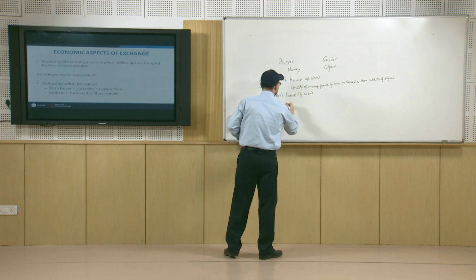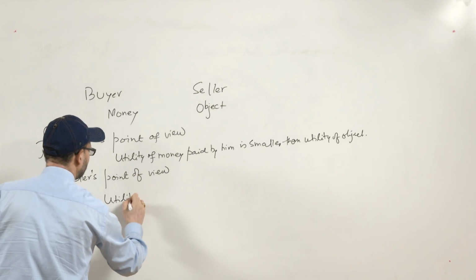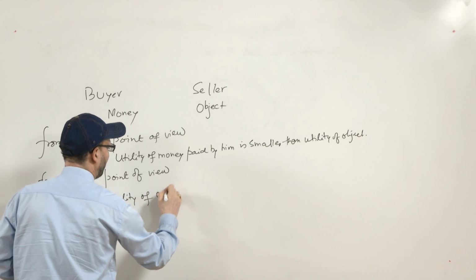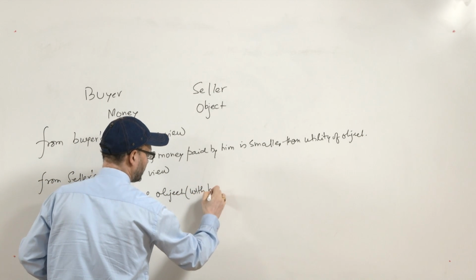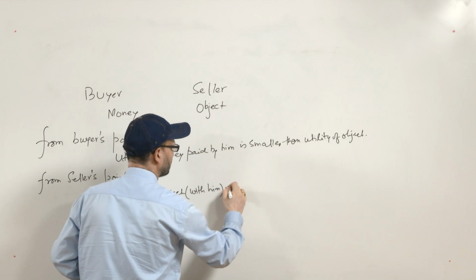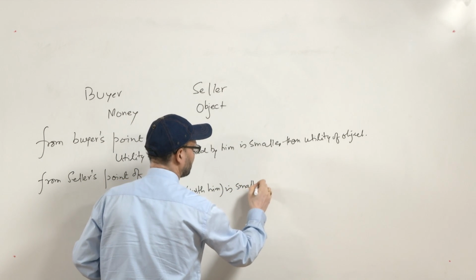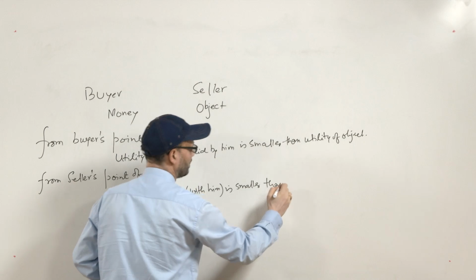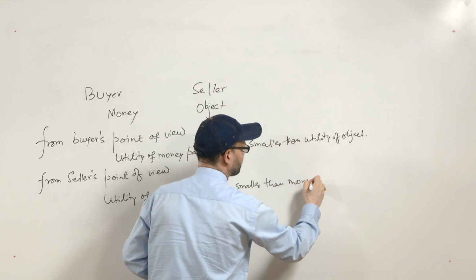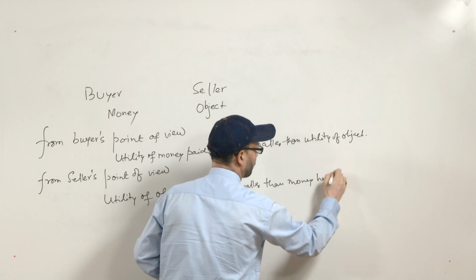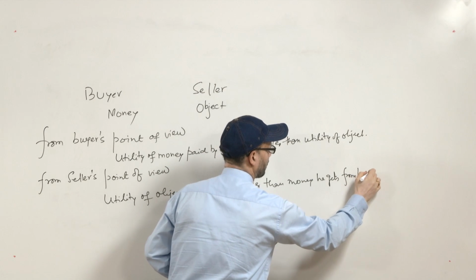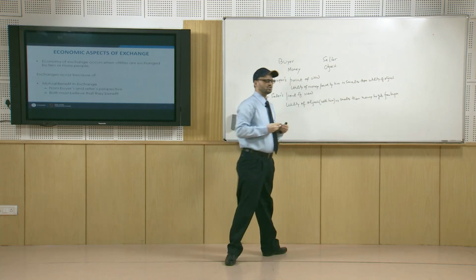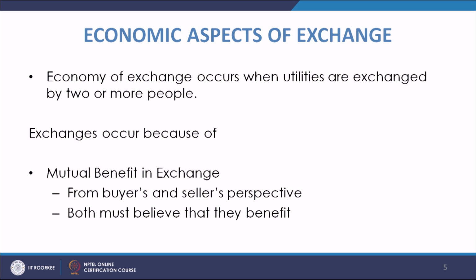So, for him, the utility of the object which is with him is smaller than the money he gets from the buyer. This is known as the perspective of buyers and sellers.